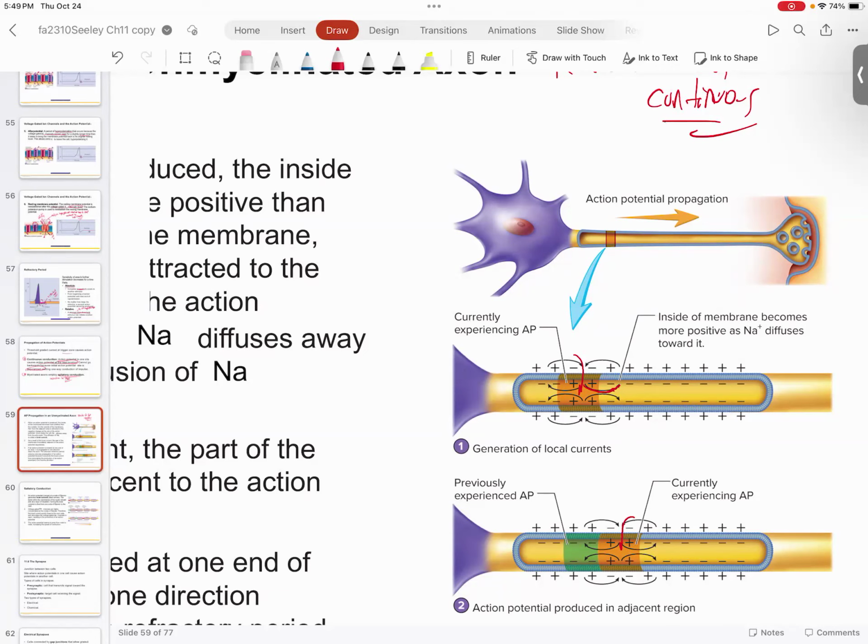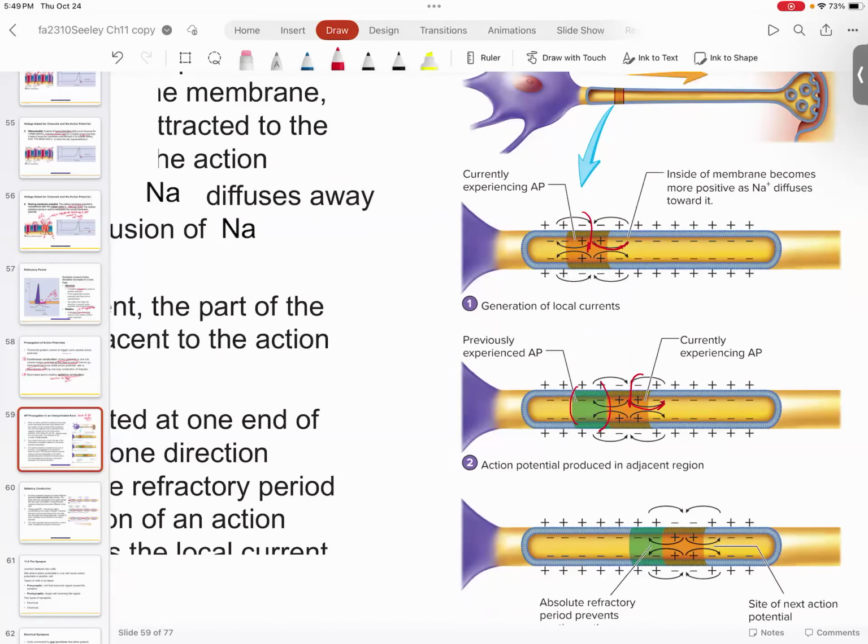Now, the segment that's just upstream is in its refractory period, right? It's no longer sensitive because you're in reset mode. You're in repolarization mode just upstream. So when the sodium diffuses, it goes to the next adjacent membrane where it will depolarize that petite piece of membrane.